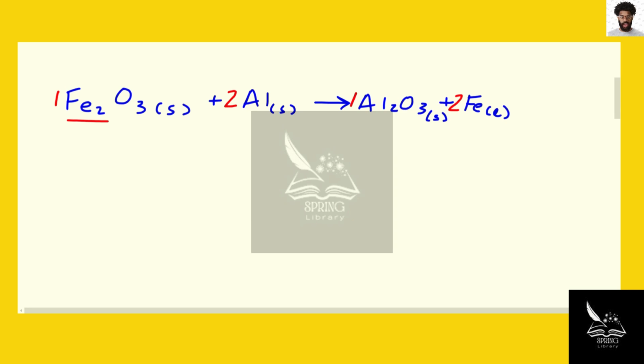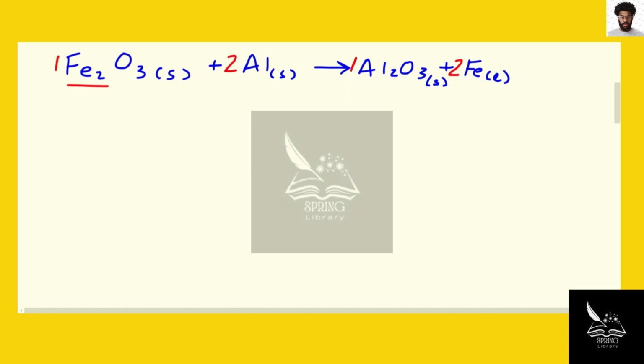Cool. So our next step is we need to calculate the number of grams of aluminum needed to completely react 500.0 grams of our iron 3 oxide. In order to do this, we need to remember our dimensional analysis. We think about where we're starting and where we need to go. We're starting with grams of iron oxide, and we want to end up with grams of aluminum metal.